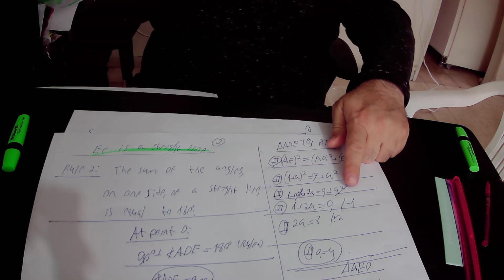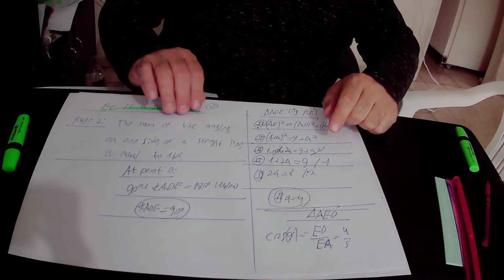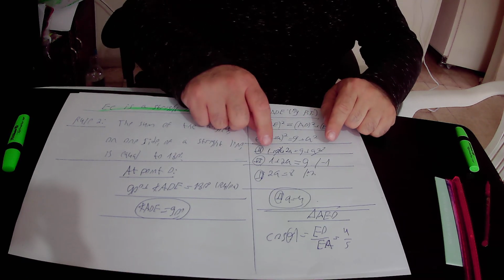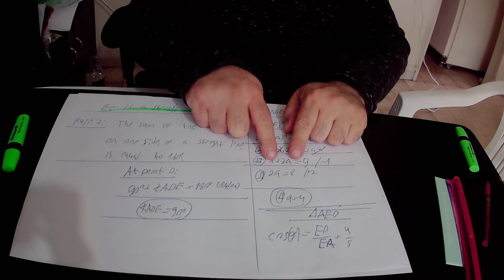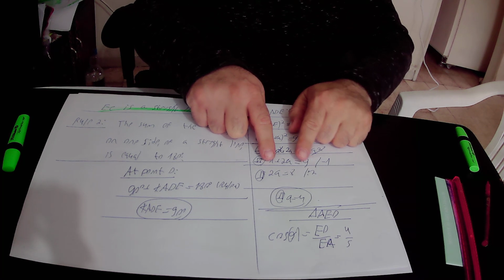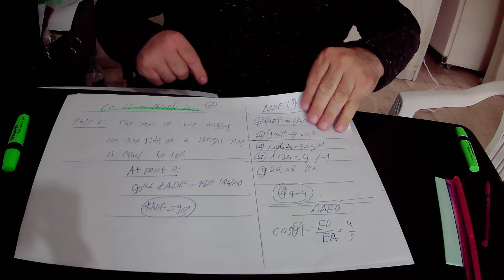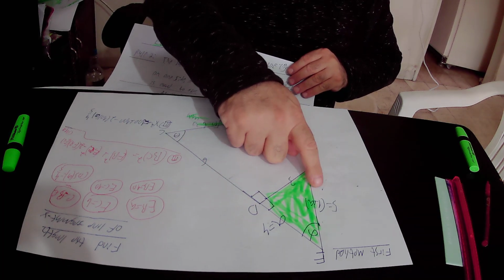We subtracted 1 from this equation, and found that 2A equals 9 minus 1, that is 8. We divided by 2, and we got that A equals 8 over 2, that is 4. So A equals 4, therefore 1 plus A will be equal to 5.